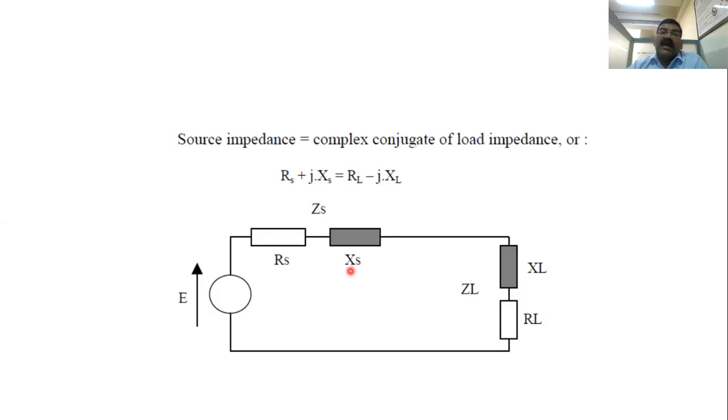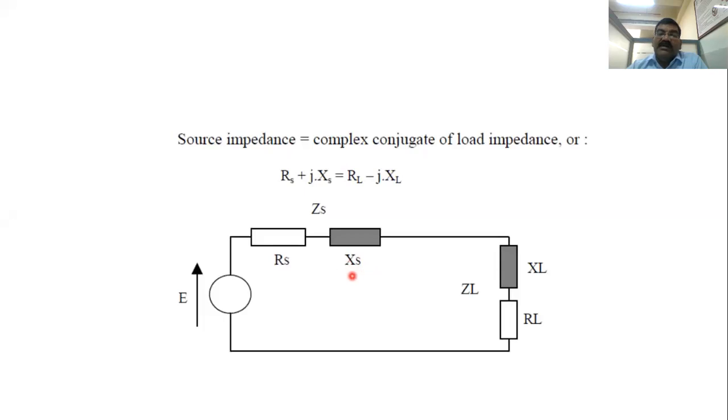How can you calculate this X? If the opposition is by the inductor, X equals 2 pi FL. Here 2 pi is constant, F is the frequency, and L is the value of the inductor.